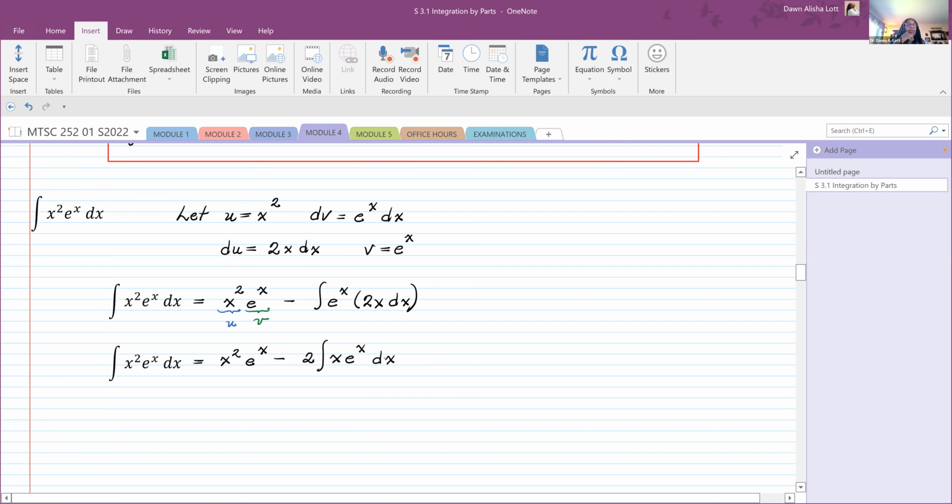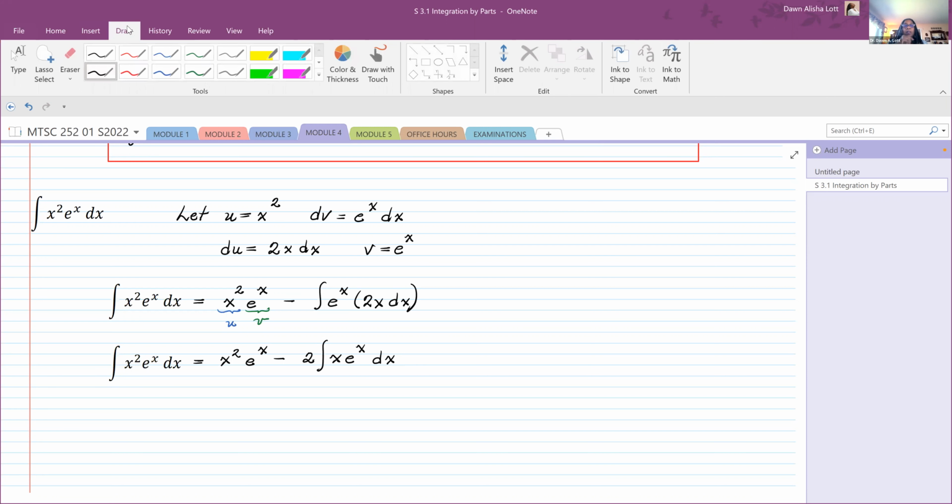And what do you notice? We get another integration by parts problem.